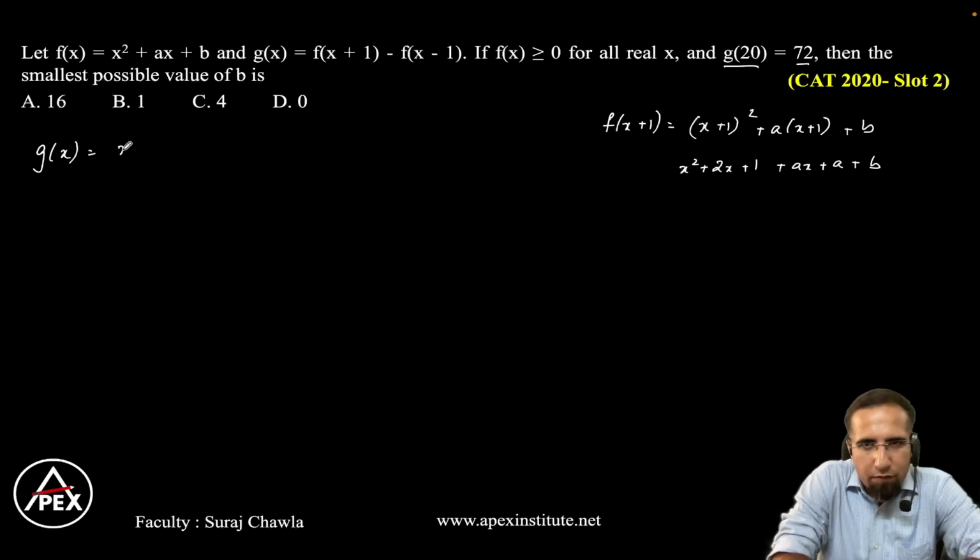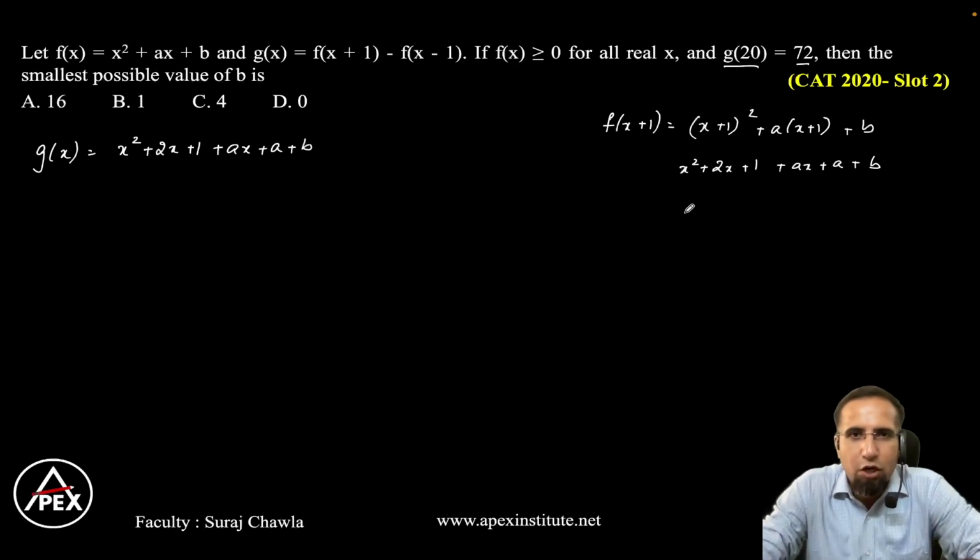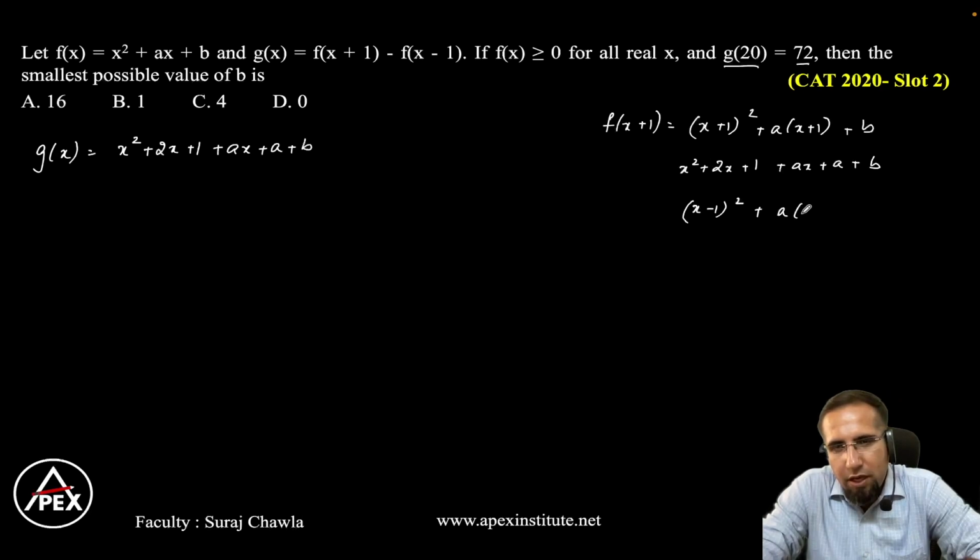Now what is f of x minus 1? X minus 1 will give me x minus 1 whole square plus a into x minus 1 plus b.